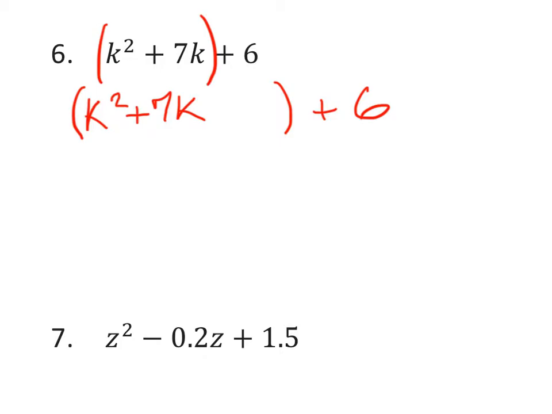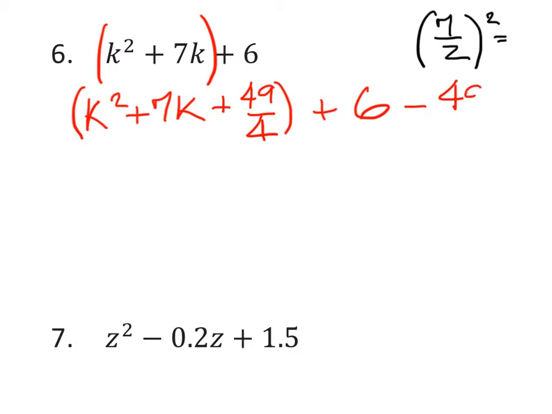You can also leave it as just 7 over 2. And if you square 7 over 2, you come up with 49 over 4. Same thing. And if I add 49 over 4 in the parentheses, I have to subtract it outside.